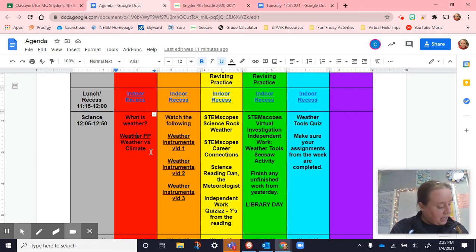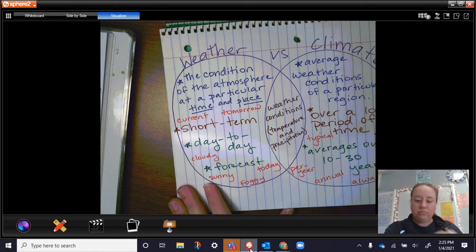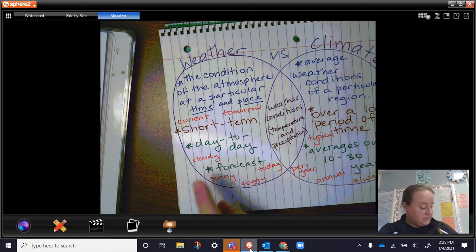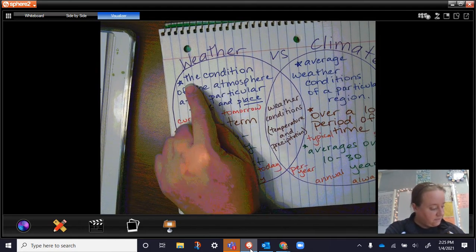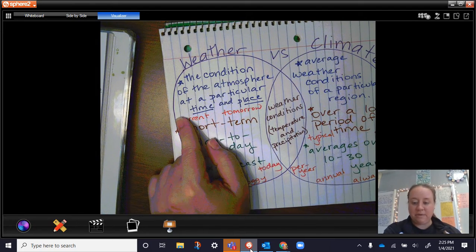All right, so we talked about the difference between weather and climate. So let me share this. All right, so weather, ignore the red words. I'll talk about those in a second. I kind of just threw those in where they fit. Weather is the condition of the atmosphere at a particular time and place.